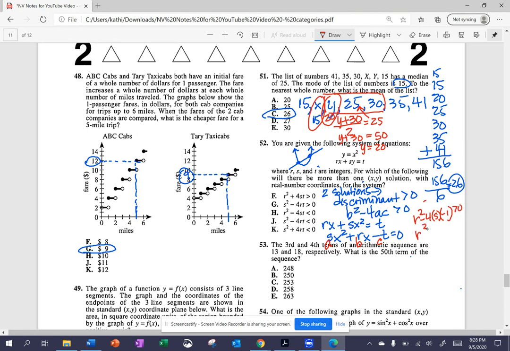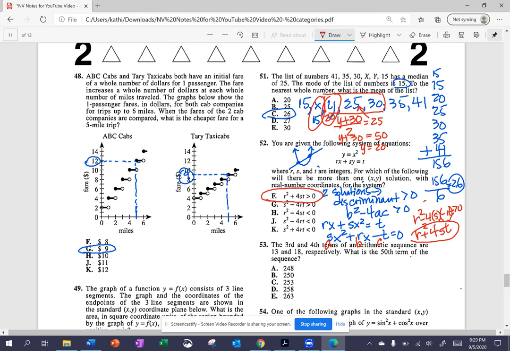So this is r squared, and a negative times a negative is a positive. So plus 4st. So this is the first solution right here.